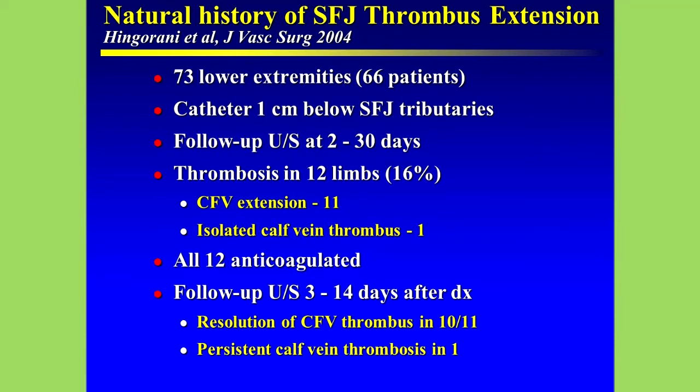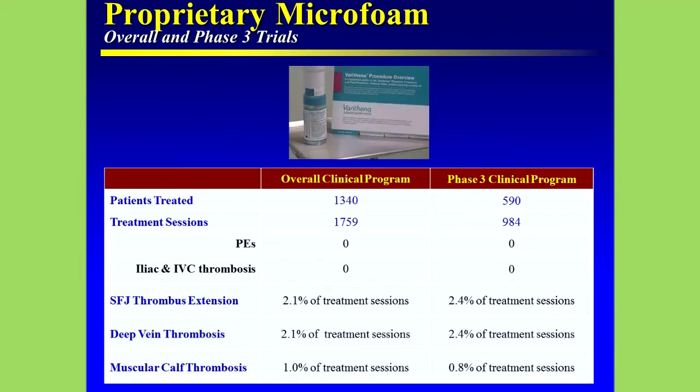Now, I'm going to show you some data in a minute that is going to suggest these really aren't deep venous thromboses at all. This data comes largely from the Varithena trials, and I think BTG deserves a lot of credit for really thoroughly studying, much more thoroughly than either laser or radiofrequency ablation, the incidence of these phenomena after endovenous ablation.